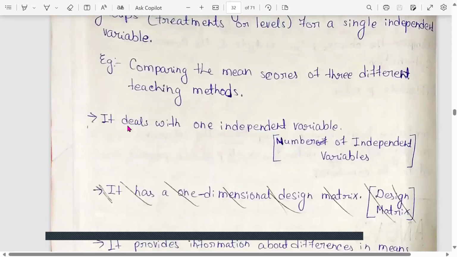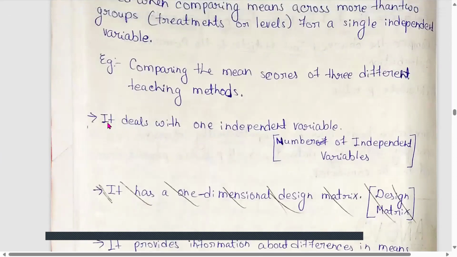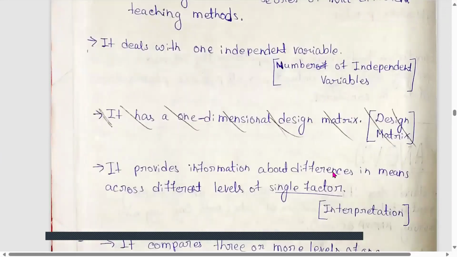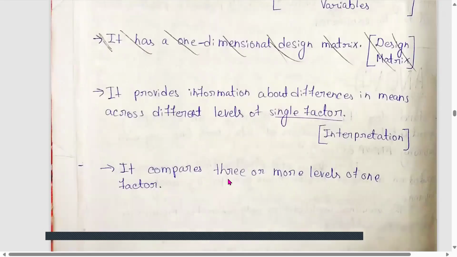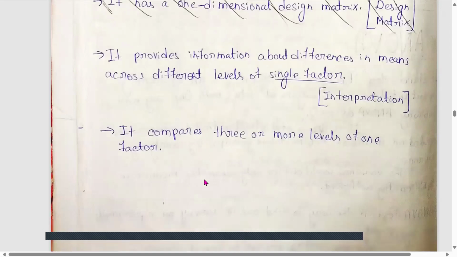Next, these are the points you have to keep in mind. It deals with one independent variable, meaning the number of independent variables. It provides information about differences in means across different levels of a single factor. It compares three or more levels of one factor.